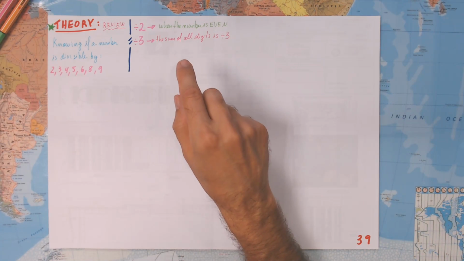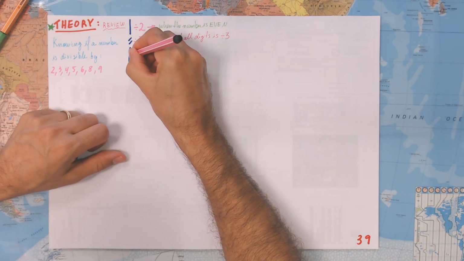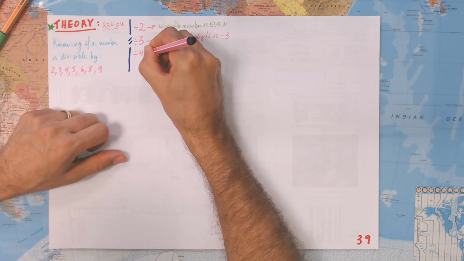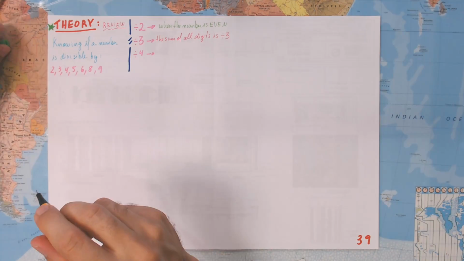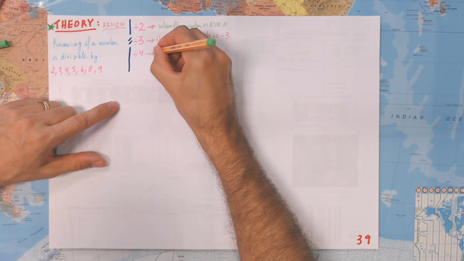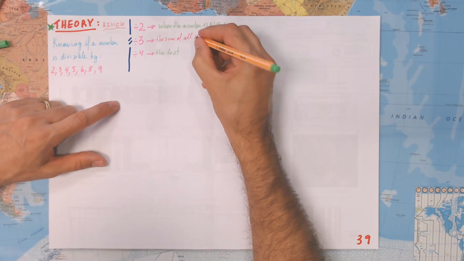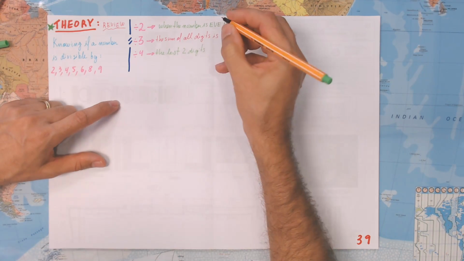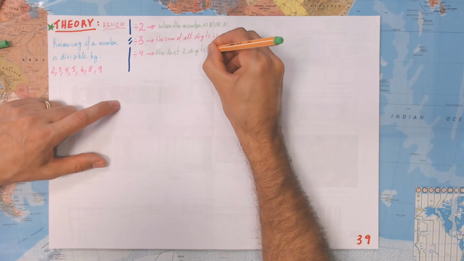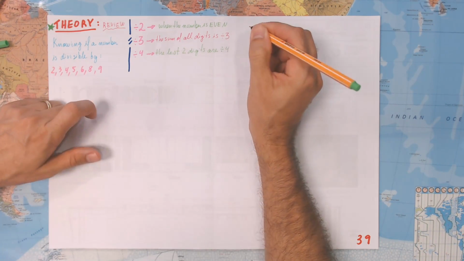Now, when is the number divisible by 4? It is going to be divisible by 4 when the last 2 digits are divisible by 4.